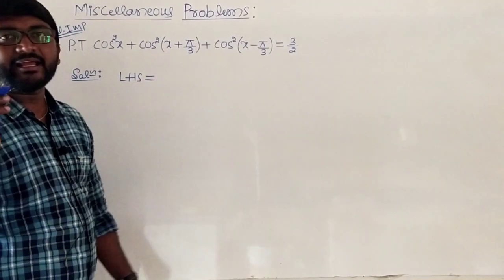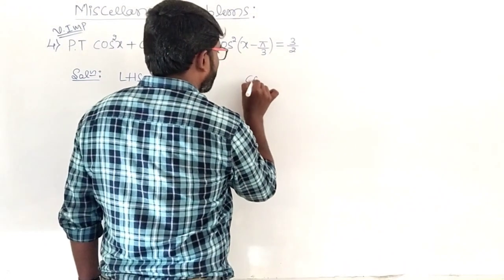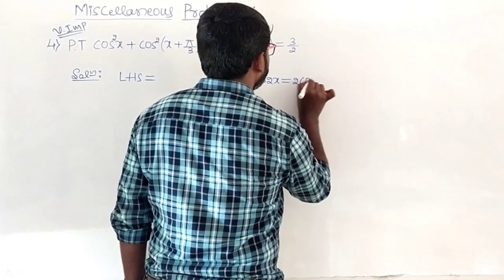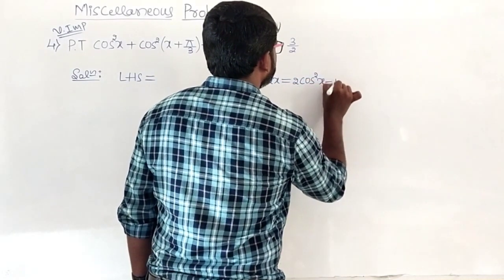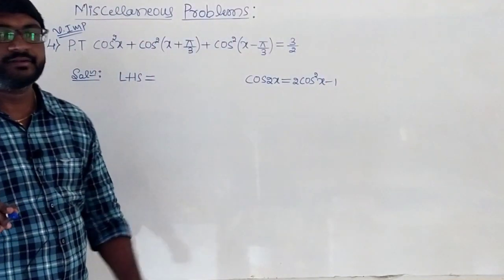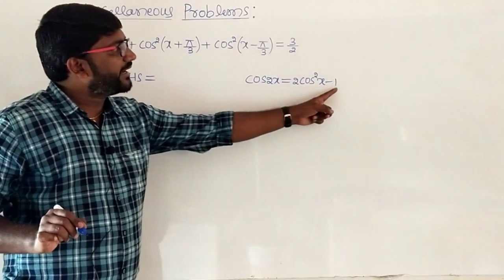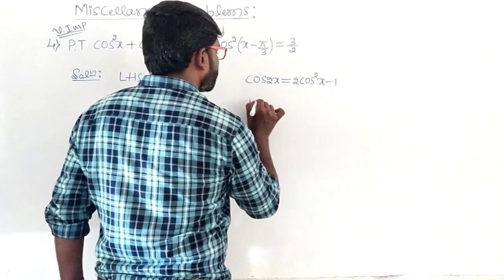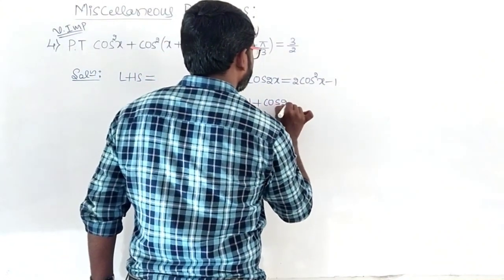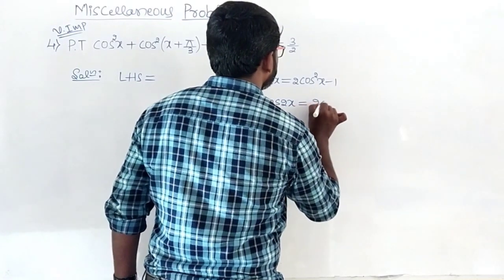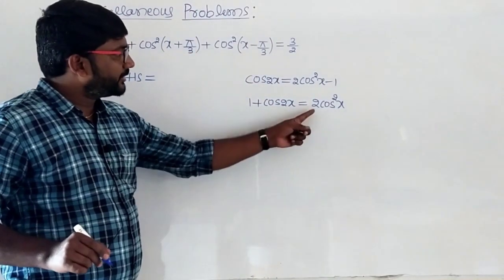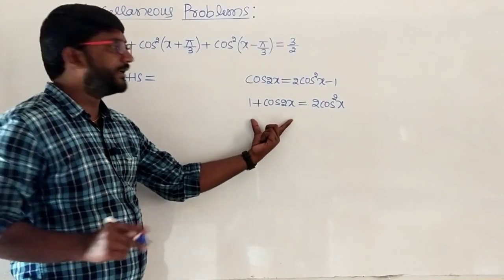from the double angle formula, cos 2x is equal to 2 cos square x minus 1. Take minus 1 to the LHS, it becomes plus 1. So 1 plus cos 2x is equal to 2 cos square x. Now I take 2 to the LHS, it goes to the denominator.